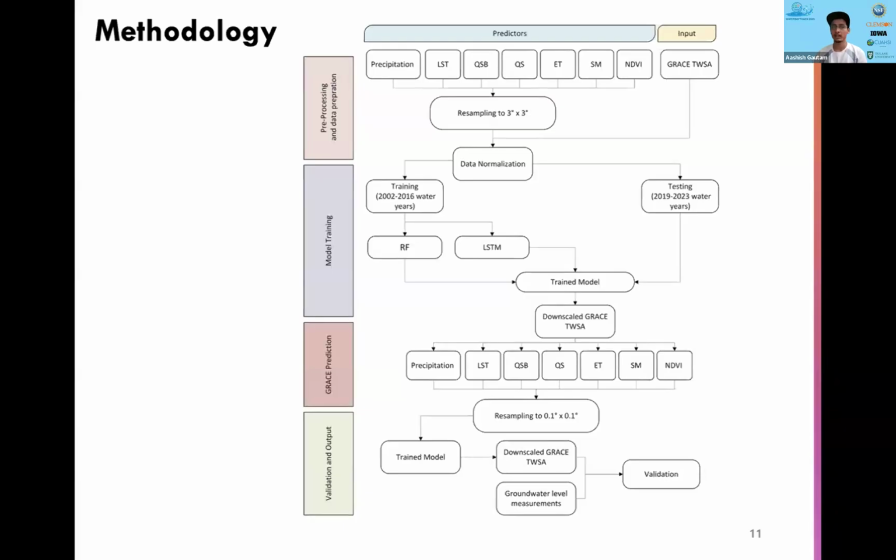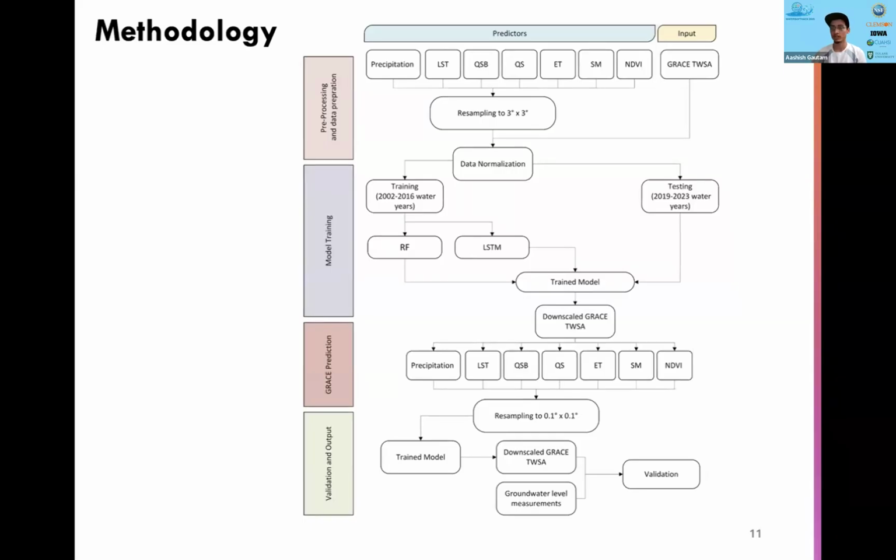We split the dataset into training, from 2002 to 2016, for the period of the past GRACE mission. We use those data as the training data, and the later data from 2019 to 2023, for the GRACE follow-on mission, we used as testing data.